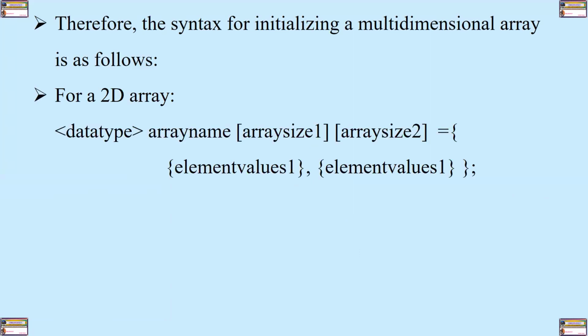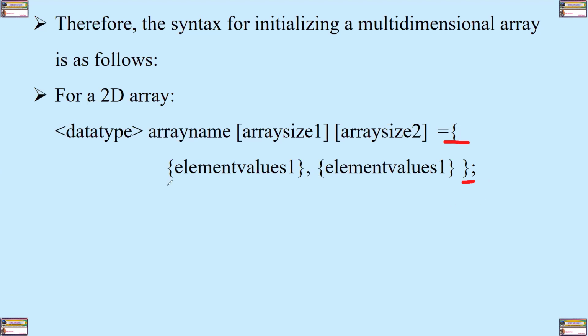For 2D, it is the data type followed by the array name, then you specify the array size for the first dimension and for the second dimension, then an equal sign, then an opening brace, then your elements, separating each pair of braces with a comma. Note that if it is a 2-dimensional or higher-dimensional array, you must always enclose your dimensions within the opening brace and the last brace, ending with a semicolon.